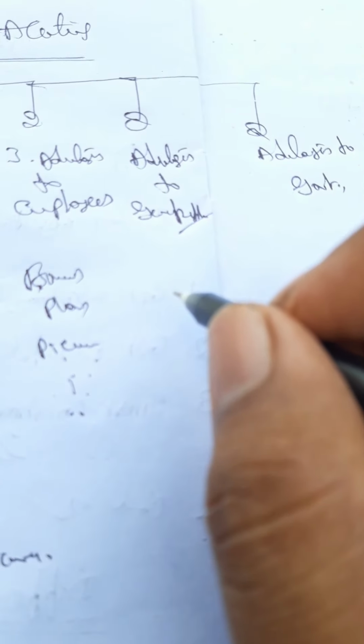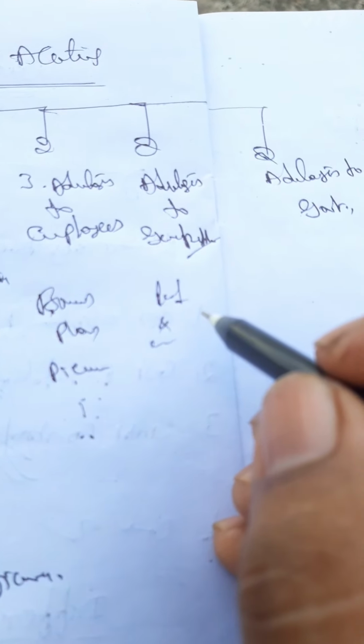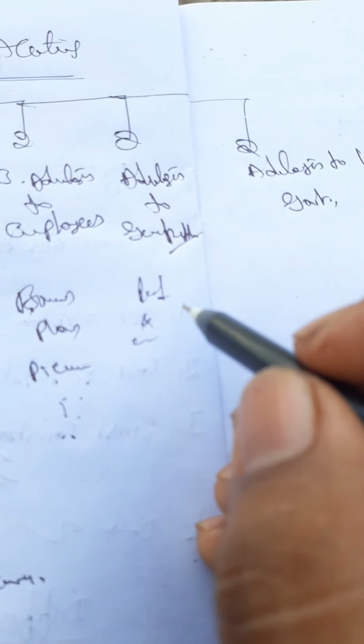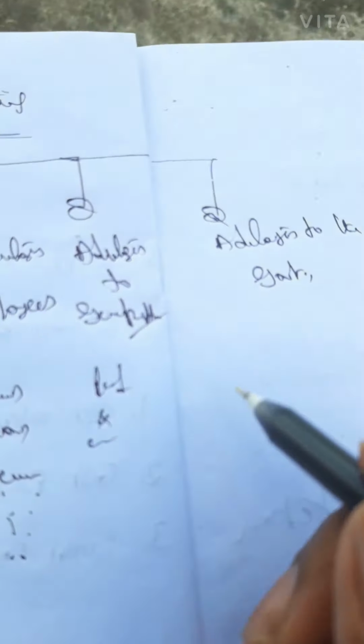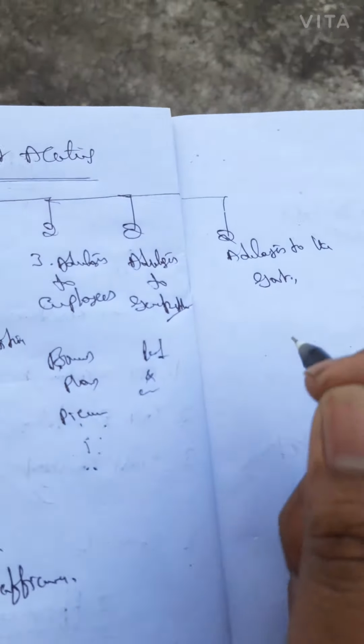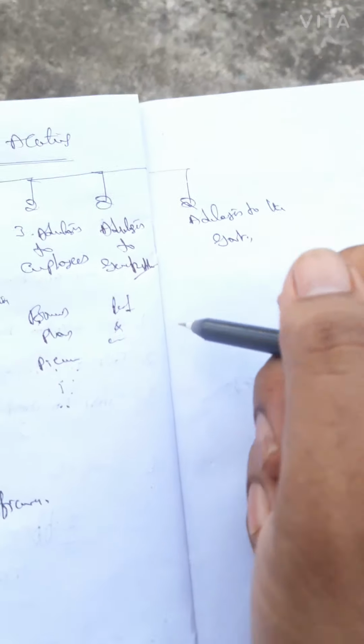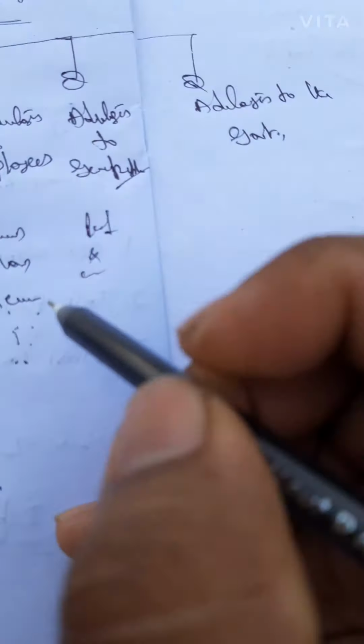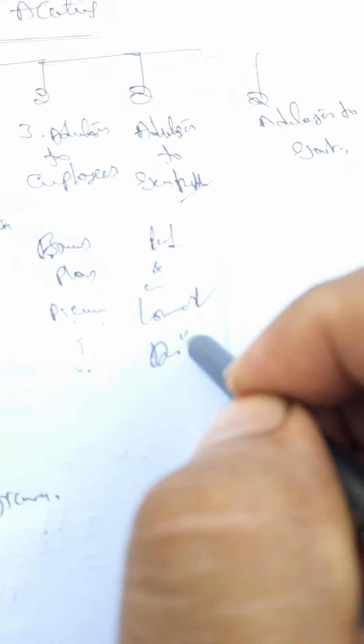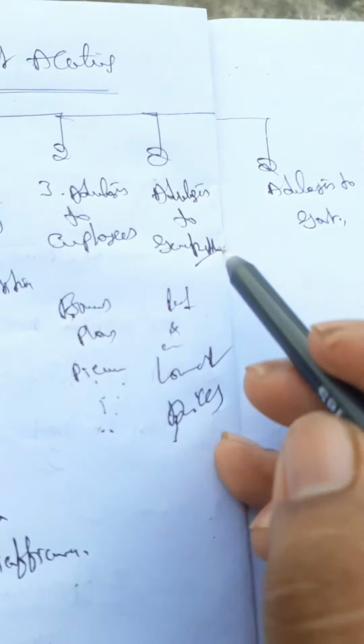Next, coming to the advantages to the general public. This accounting is used for reducing and controlling costs, and supplying goods to the consumers at the lowest prices.